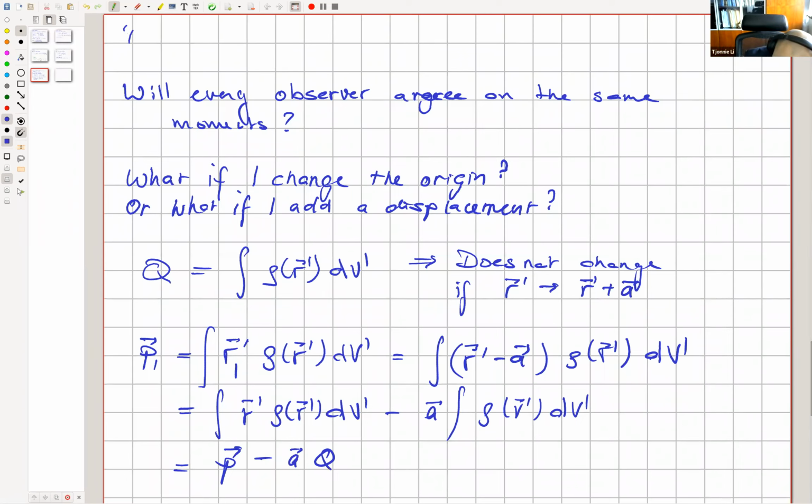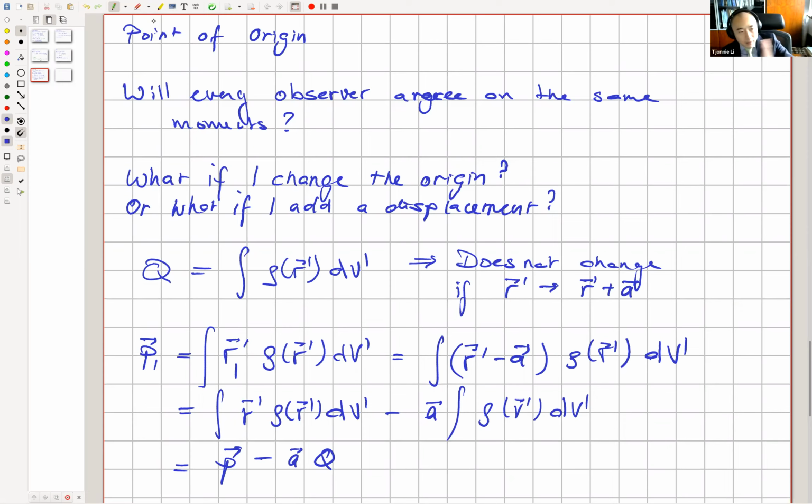And so indeed, in this case, just as an example, the point of origin matters. In fact, even if you have just a point charge, where you don't expect there to be a dipole moment if it's at the origin, the dipole moment does change depending on where you shift the origin.